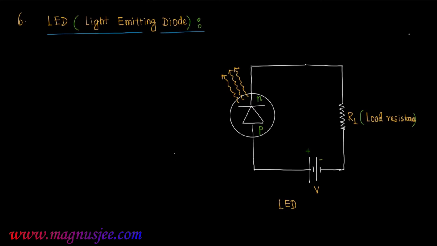This is the radiation, and this is known as light, which indicates that light is emitted from a forward biased PN junction diode. We can denote the direction of current, the forward current I, which will be flowing in this circuit.